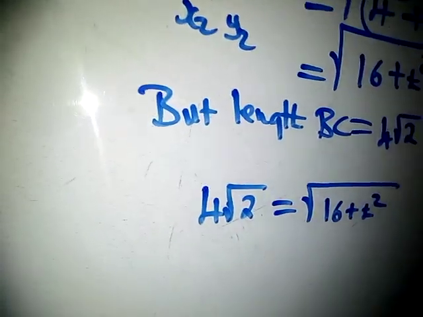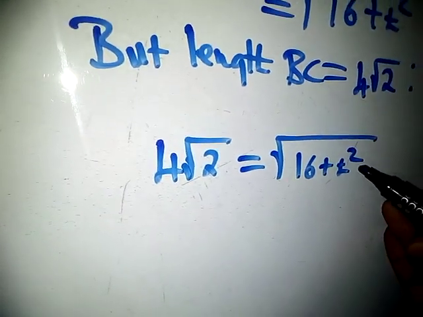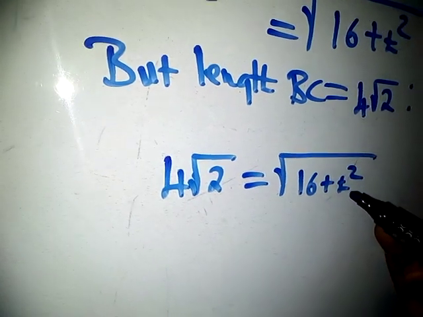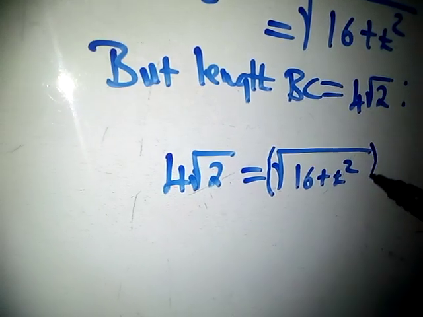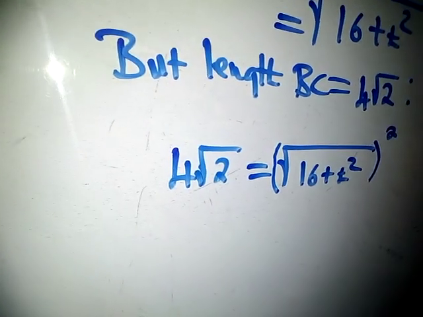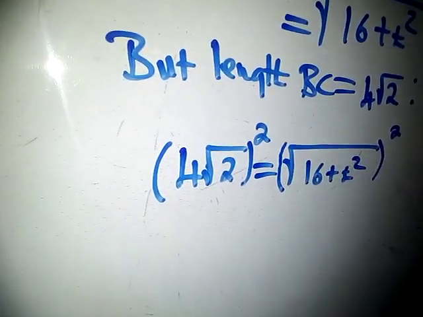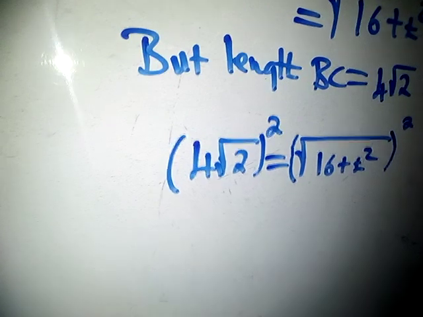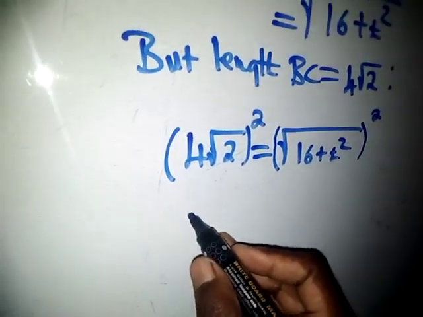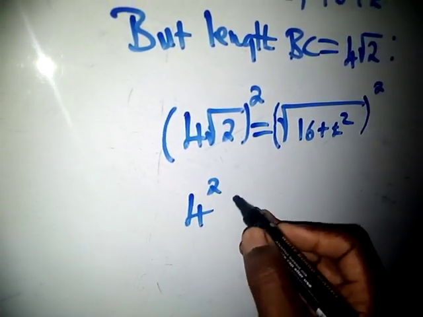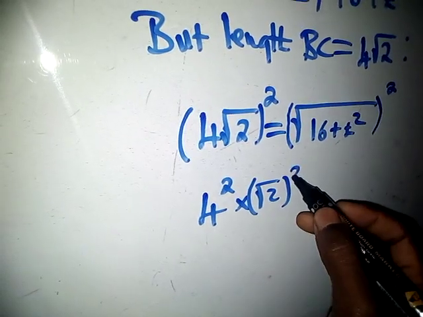Well, we're going to remove the square root here by squaring both sides of this particular equation. So I'm going to put this in parentheses and raise everything to the second power. Once this is done, you're going to appreciate that this 4 is actually 4 to the second power, and the square root of 2 is in parentheses to the second power.